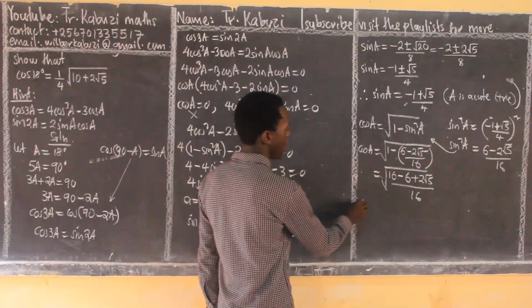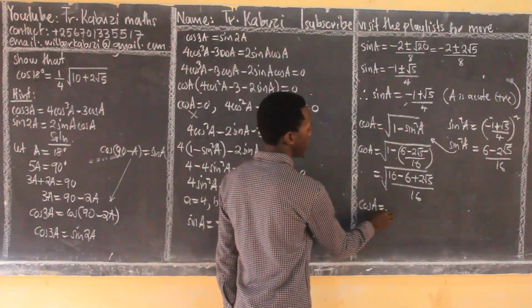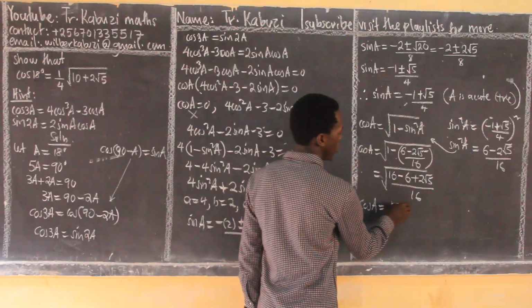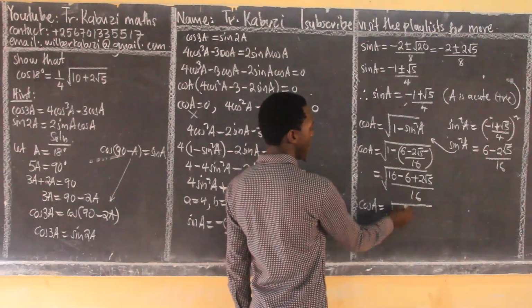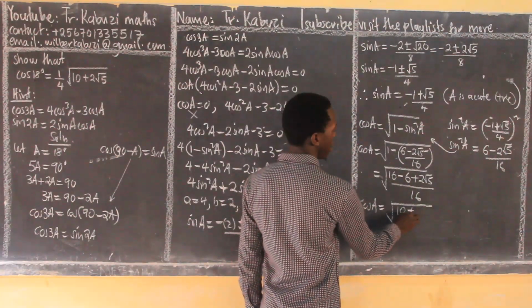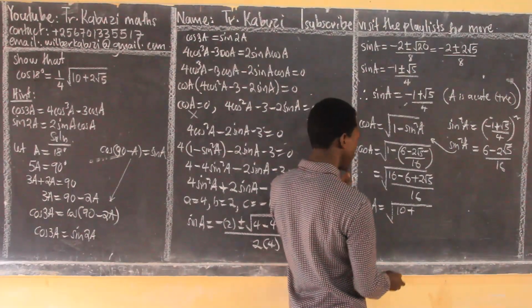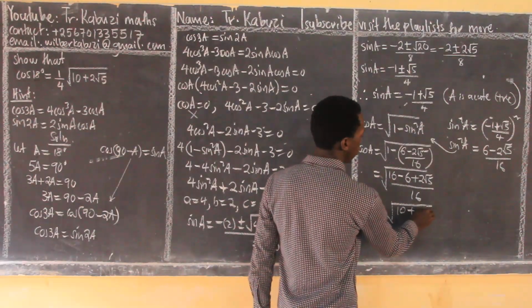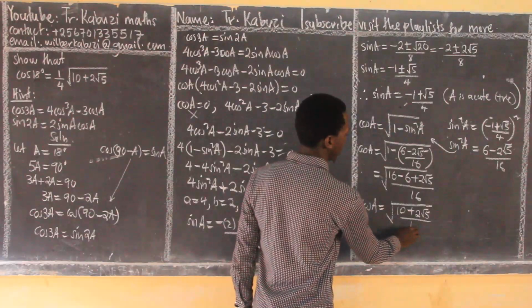Now you see from there, my cos A is going to be the square root of 16 minus 6, that will be 10, plus 2 root 5, the whole over 16.